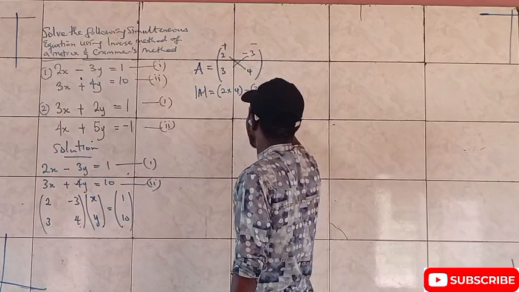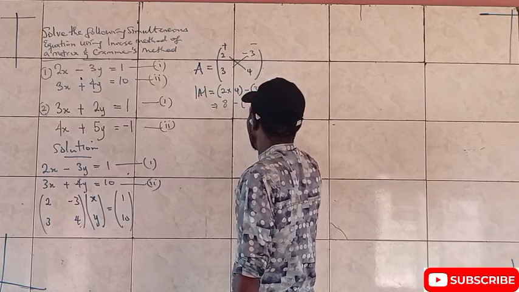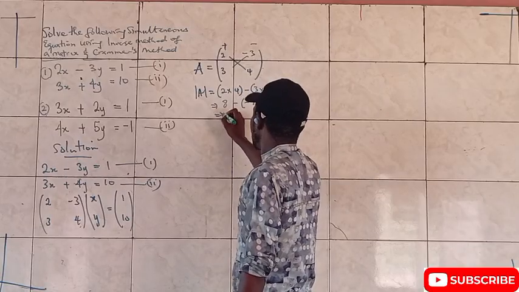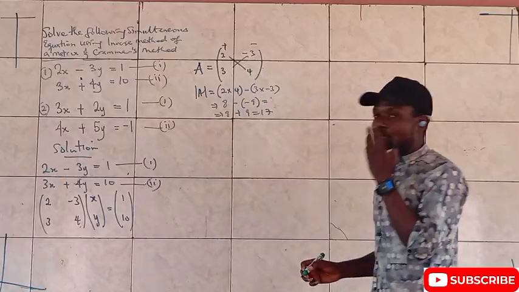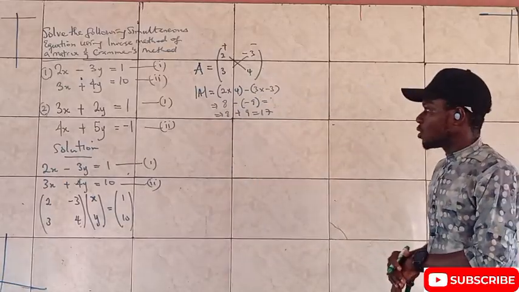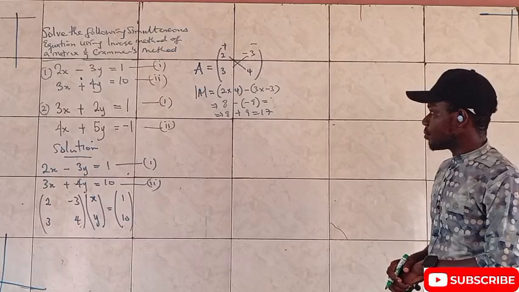So it becomes 8 minus, minus 9, and that's 8 plus 9, and that's 17 eventually. So I have 17 there.